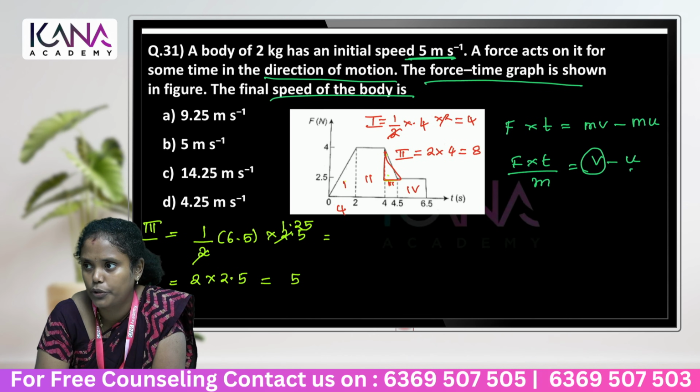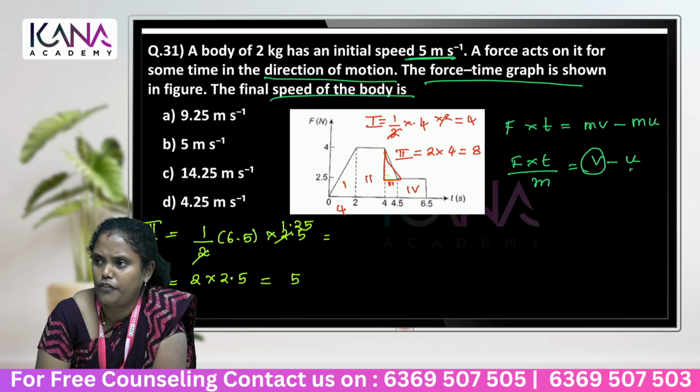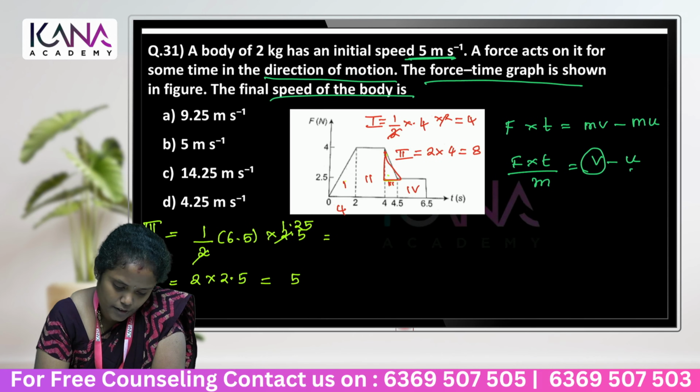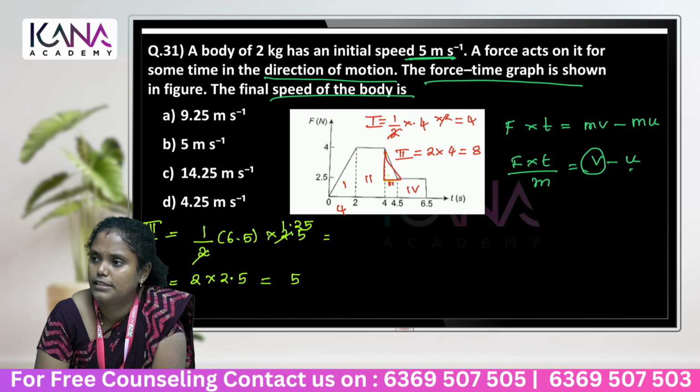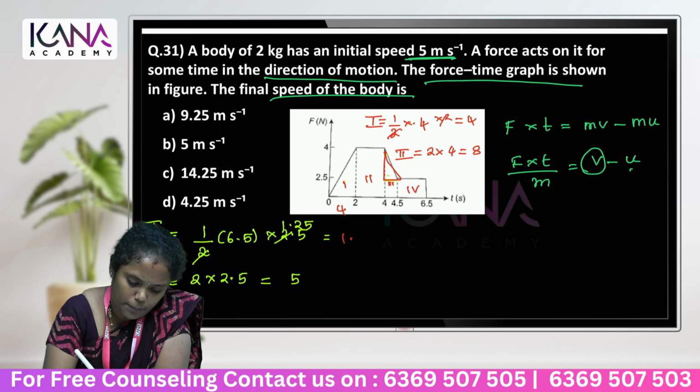Good. So it is 3 by 8. Plus here it is 0.5 into 2.5, so it is 1.25. So 1.25 plus 3 by 8 is 1.625. This is 1.625.